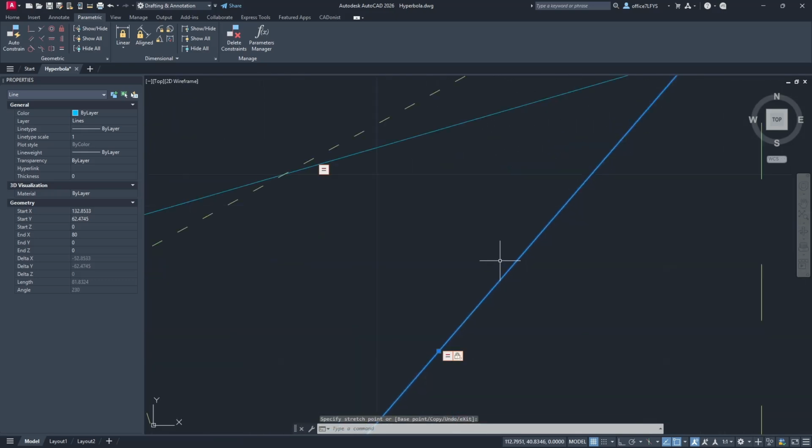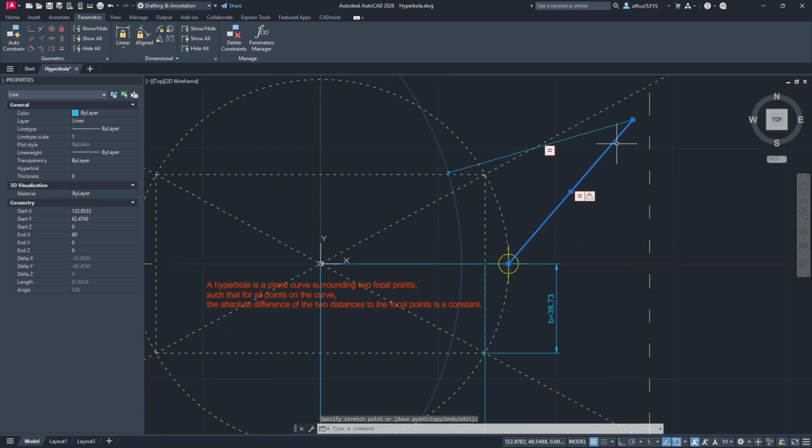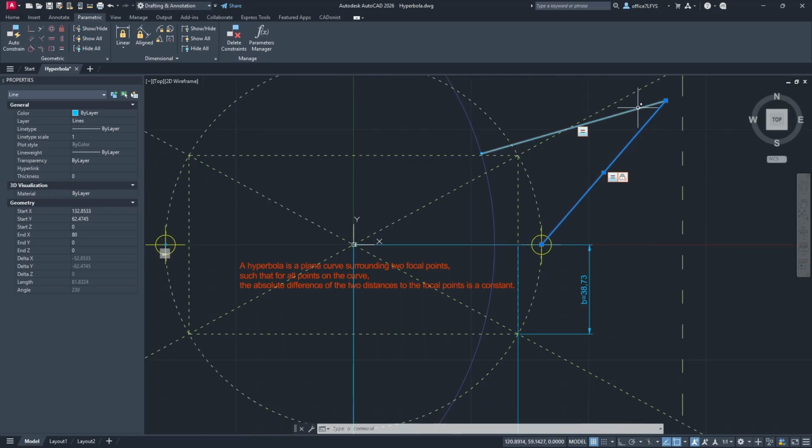So how is this construction achieved? The first line must be fixed at one focus. The second line is connected to the first, and always directed toward the other focus, using the coincident constraint.